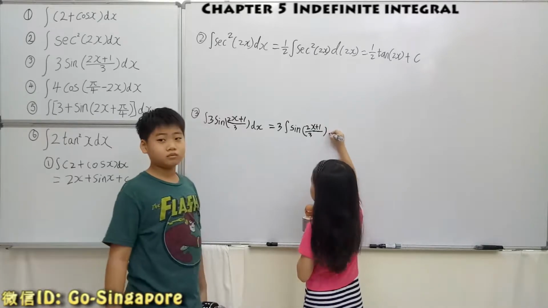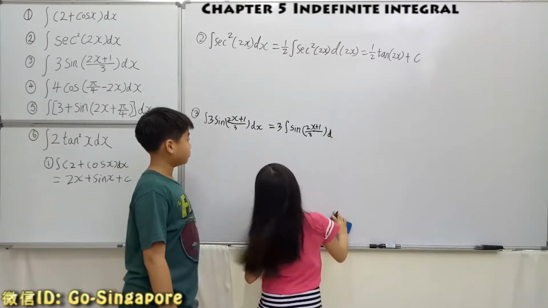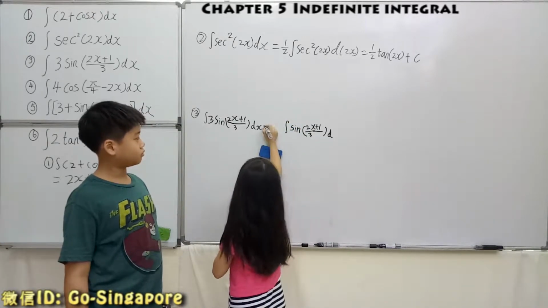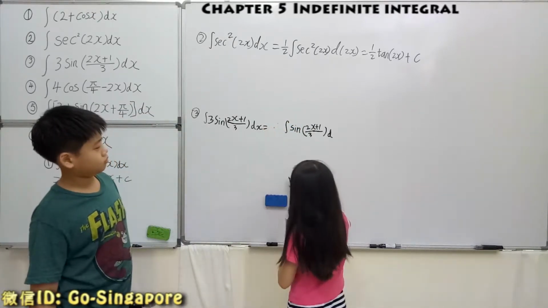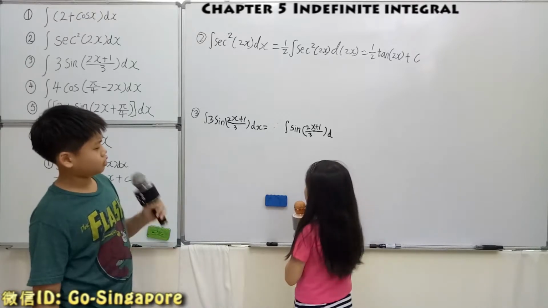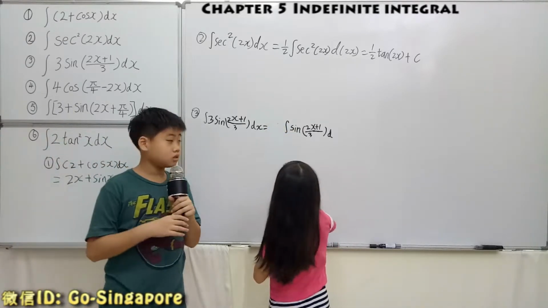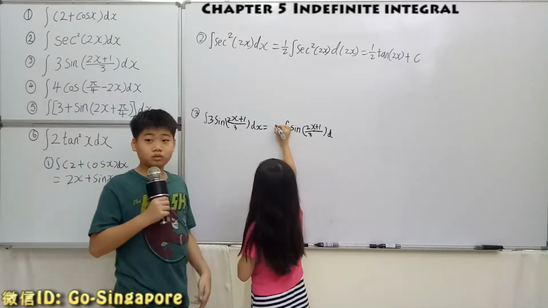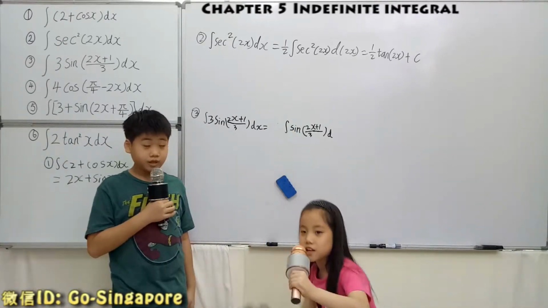We need to take out 2 over 3. The reciprocal of 2 over 3 is 3 over 2.